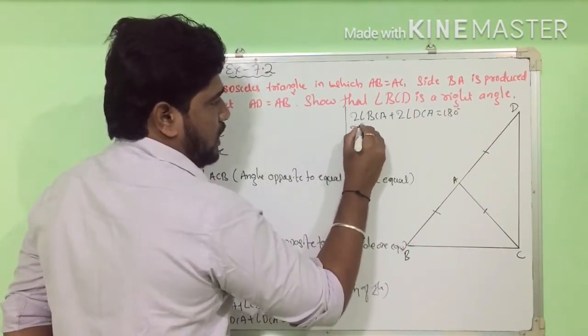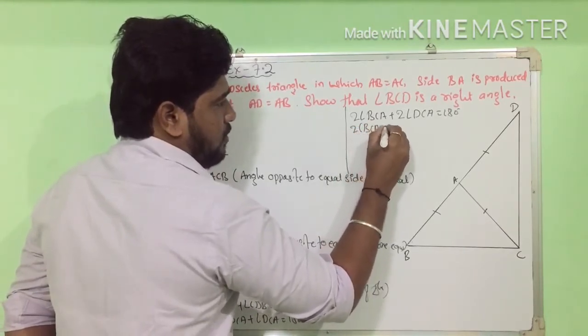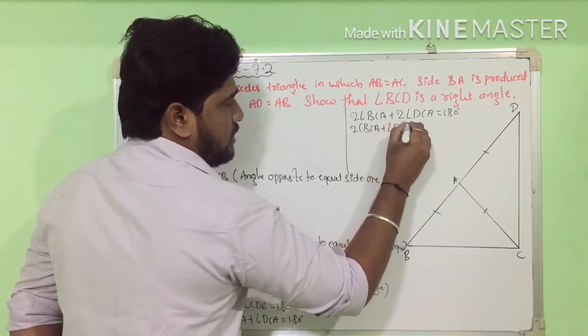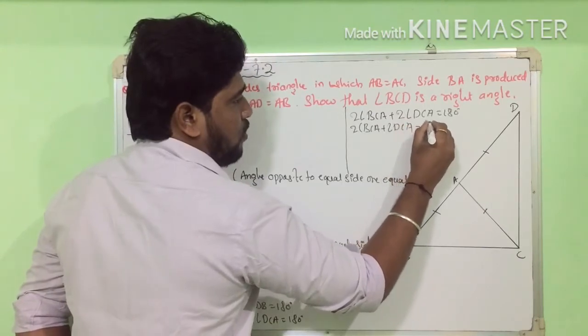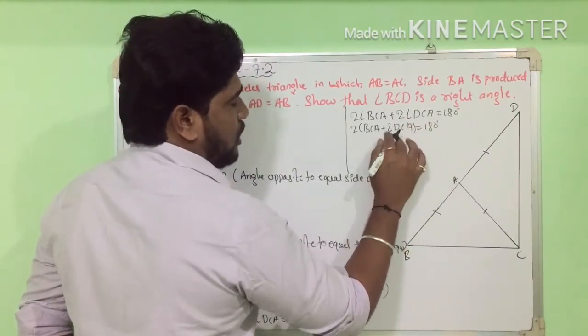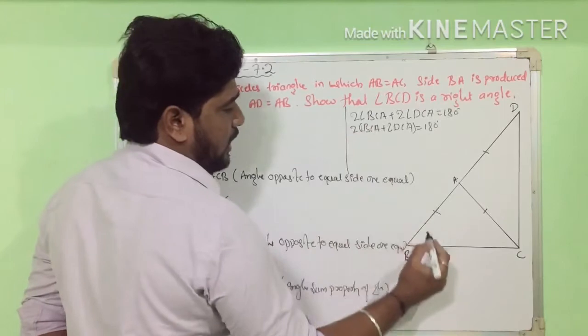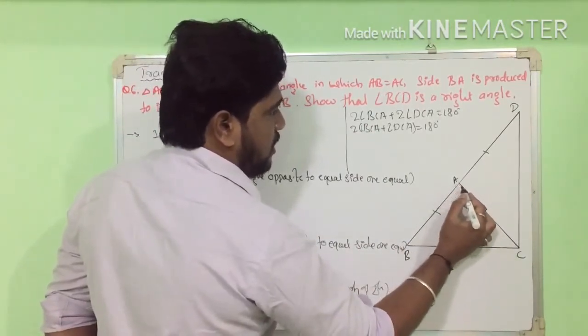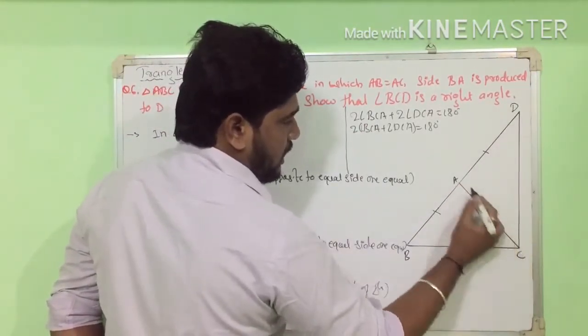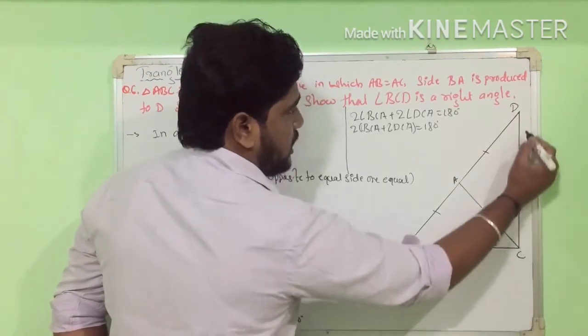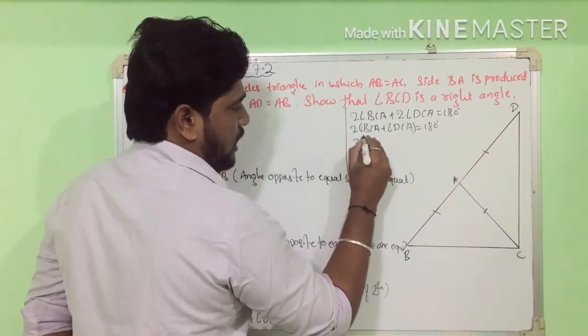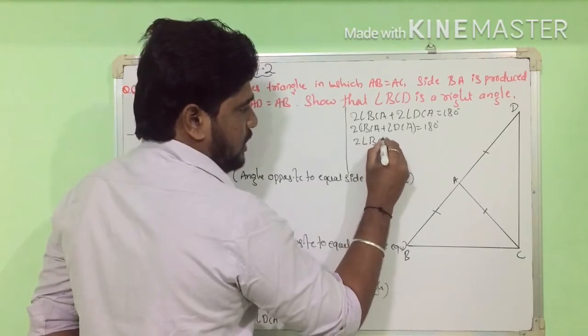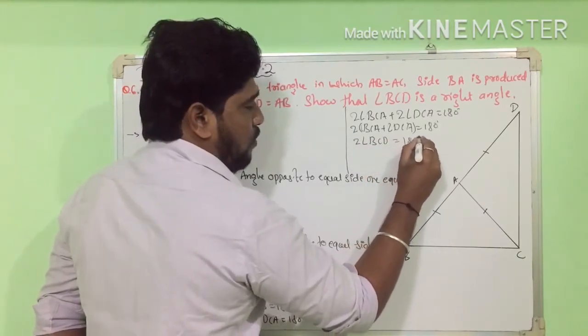So take 2 common: angle BCA plus angle DCA is equal to 180, right? So the sum of these two angles, see here, angle BCA plus angle DCA, it means angle BCD. So 2 angle BCD is equal to 180.